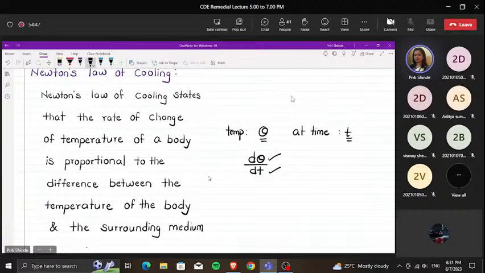What is Newton's law of cooling? It states that the rate of change of temperature of a body is proportional to the difference between the temperature of the body, whose notation is theta, and the surrounding temperature. Our notation for the surrounding temperature is theta 0.